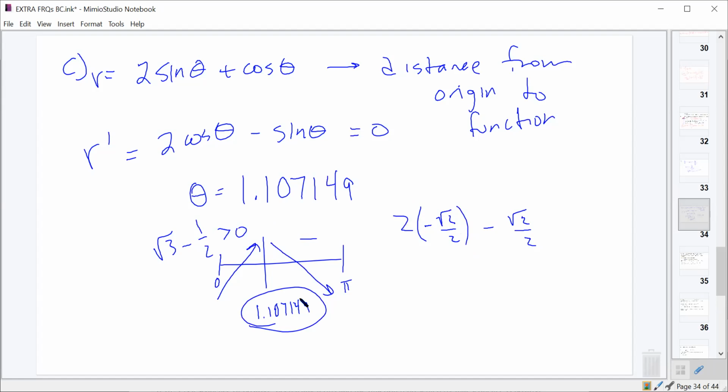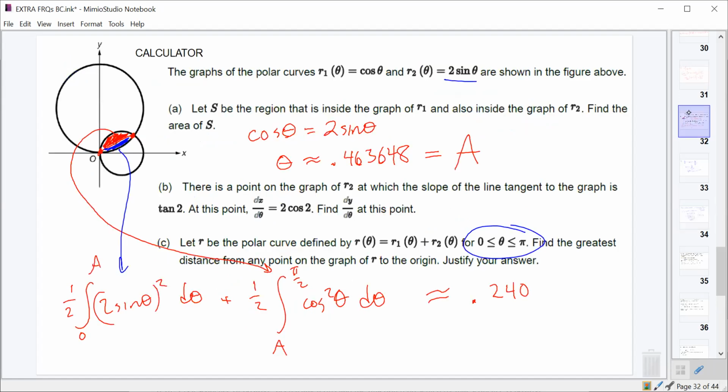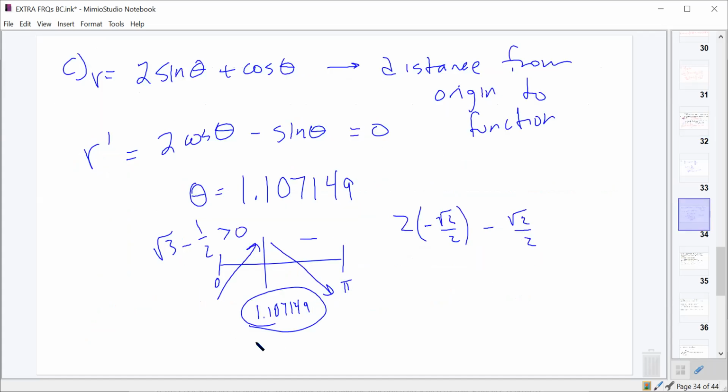I don't know, did it ask us for the actual max or just the location where it occurs? Yeah, find the greatest distance. So it's very important to make sure that you note that this is where the greatest distance occurs. And then you'll need to figure out what 2 sine of capital B plus cosine of capital B is, we'll call this capital B since we already used a capital A, just because I don't want to rewrite them.